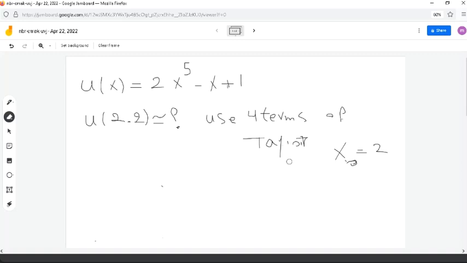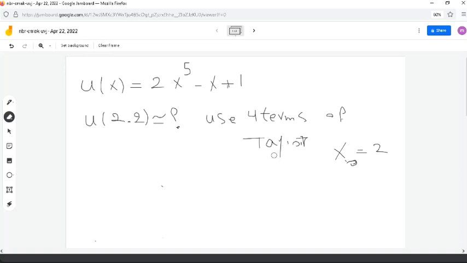You should only use u_x, h u_xx over 2, and h cubed u_xxx over 3 factorial, not higher order derivatives.